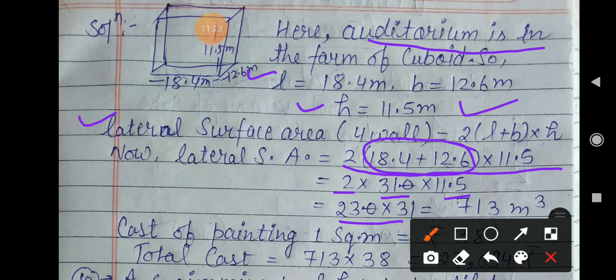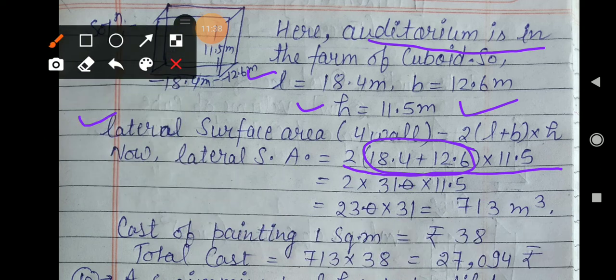Multiply all these values and get the lateral surface area of that auditorium. That value is 713 meter square. So now we have the lateral surface area, and then we use the cost per meter square and find the total cost of painting those four walls.